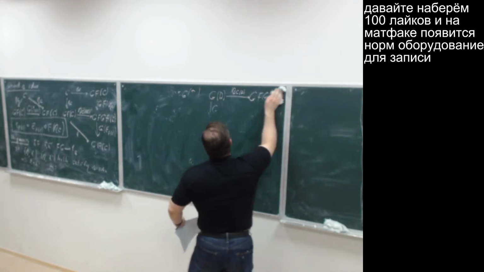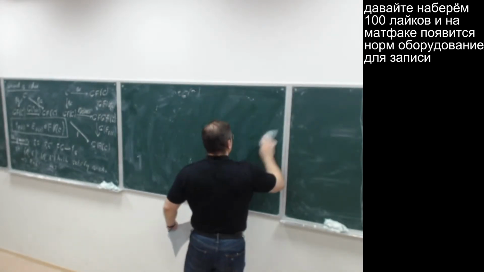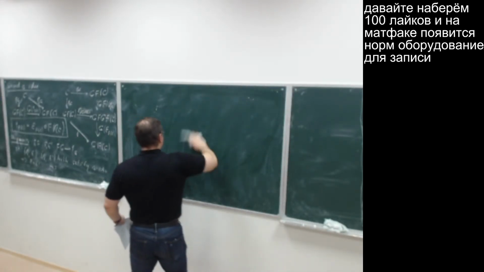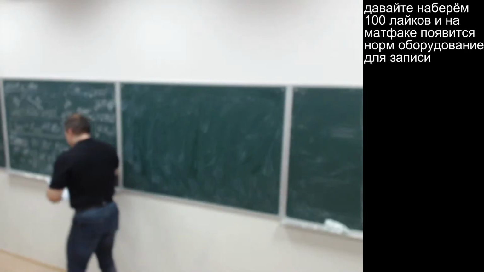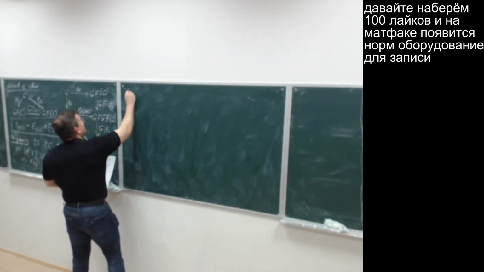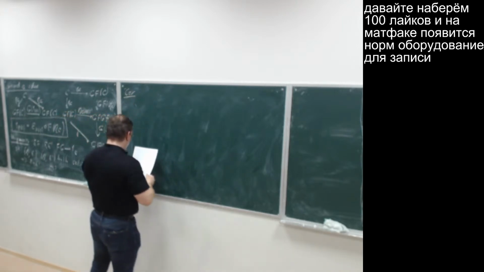So we get ourselves a third description of adjoint functors, and this is the last one. So in particular, we can conclude the following corollary.